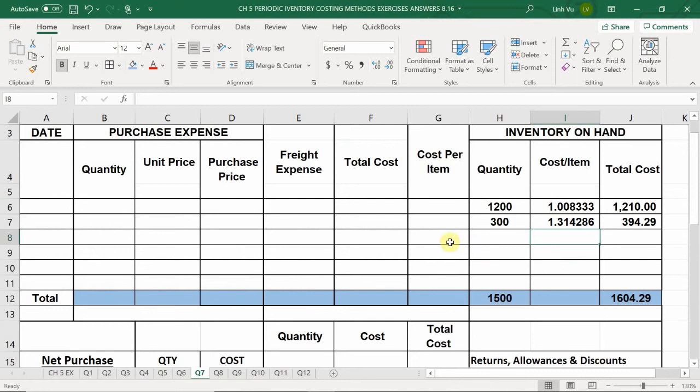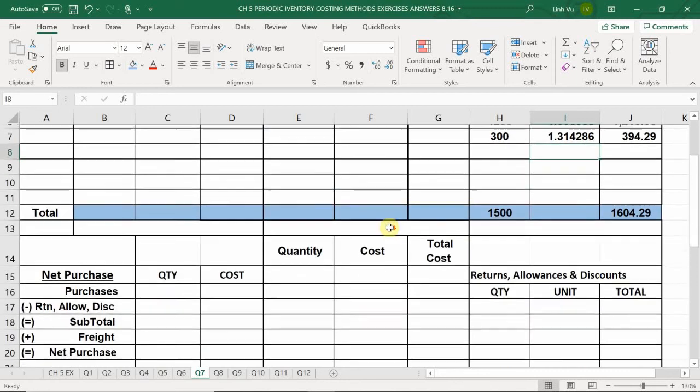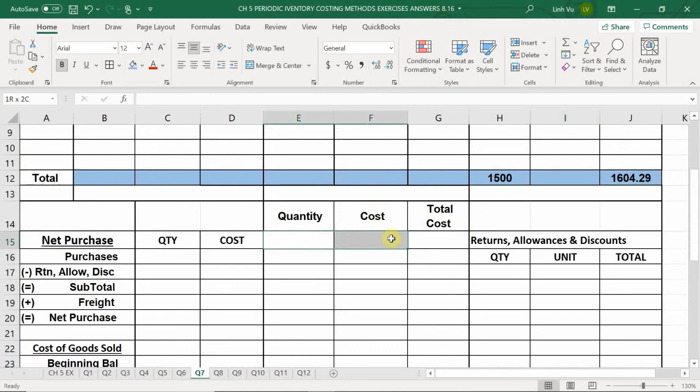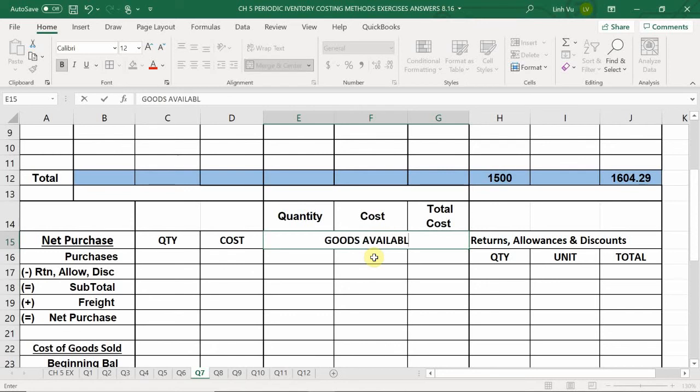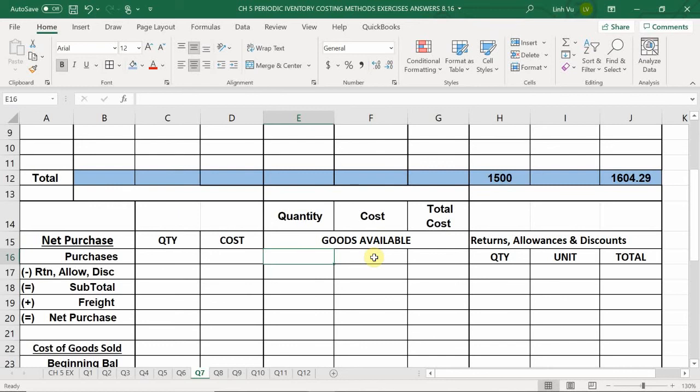Of course, what I'm going to have you do as well is create that little table for our cost of goods available, because in this section we're going to carry over our beginning inventory, as it's part of the inventory that we're going to have available to sell.